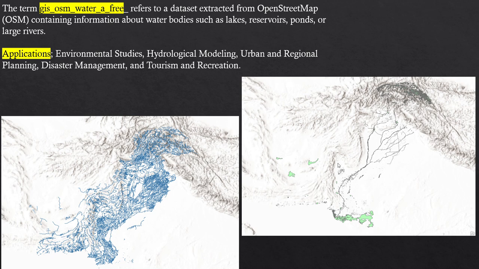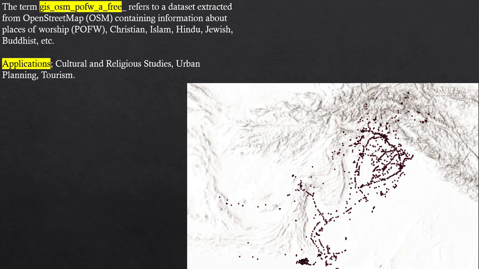This kind of data will be needed. It will be used for different applications like environmental study, hydrological modeling, disaster management, tourism and recreation. So every data has a different application.